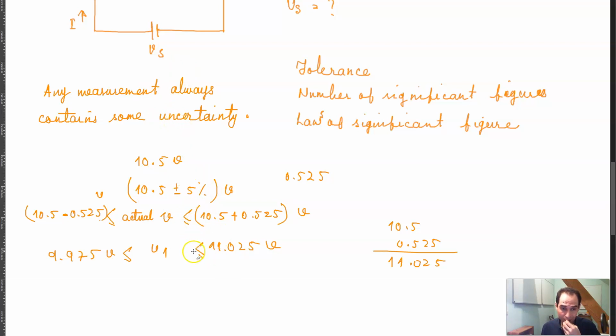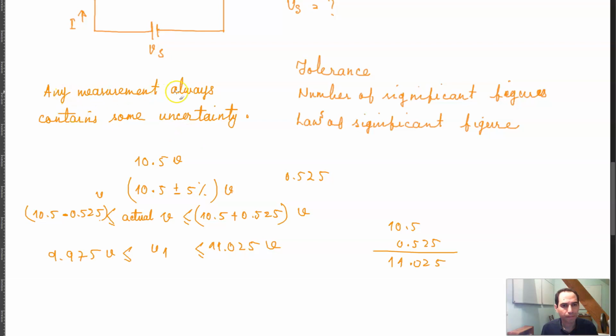If the application is important, of course you have to take these uncertainties into consideration in your calculation and in your design and whatever it is that you're doing.